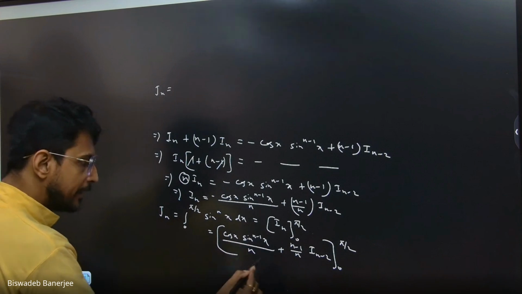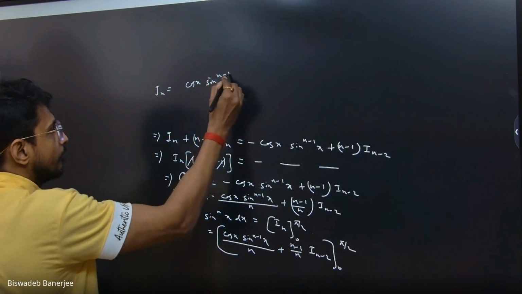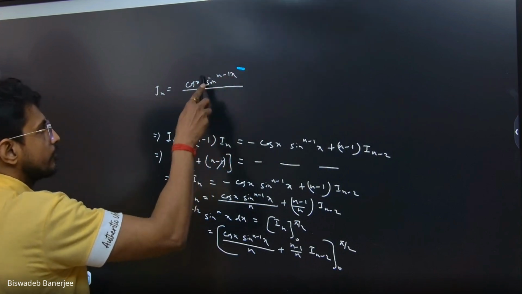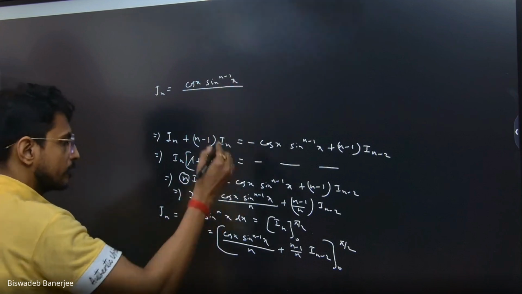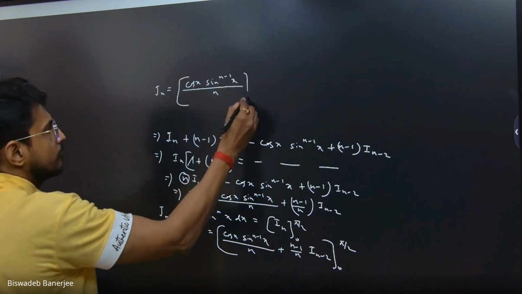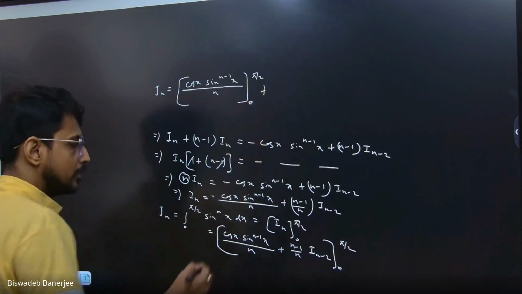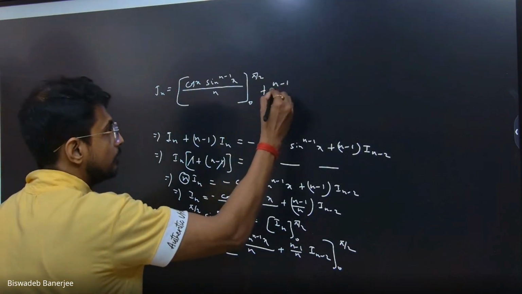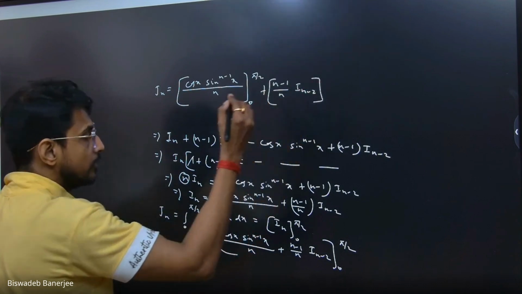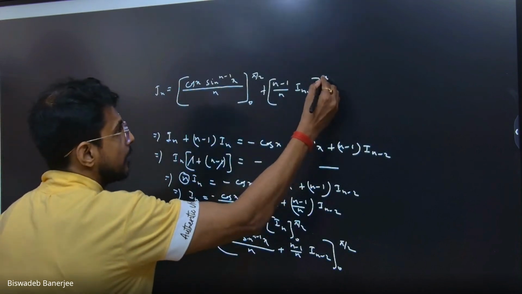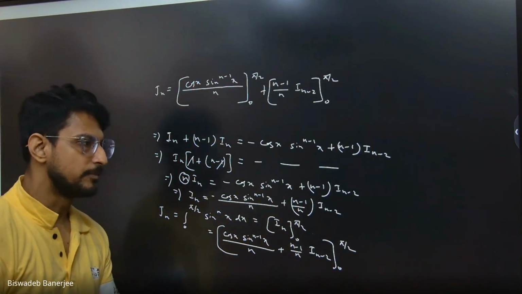At first, put the limit here. So there is my Jn and this is my limit.